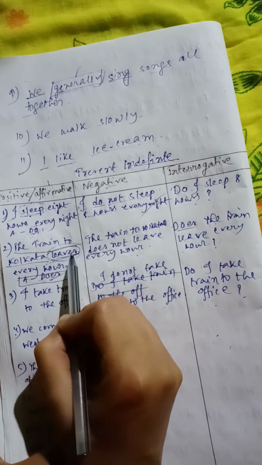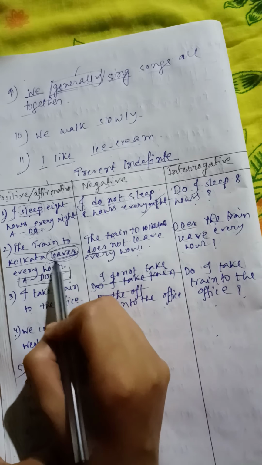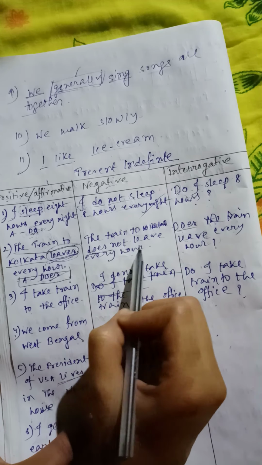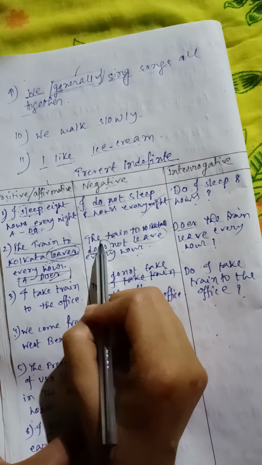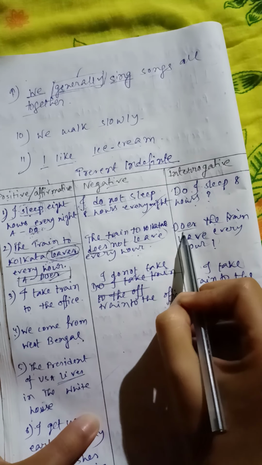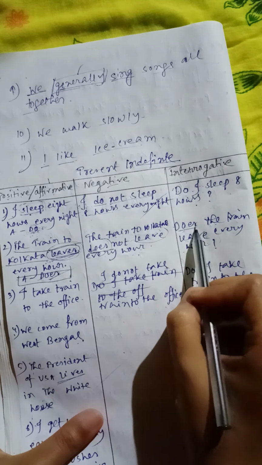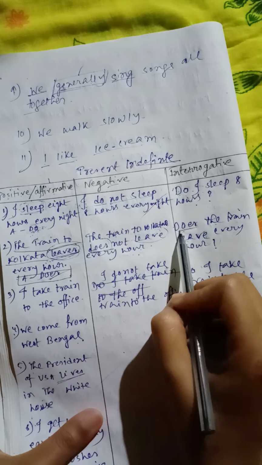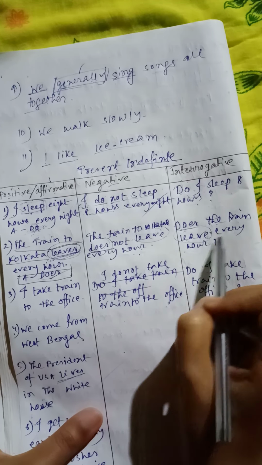Try to understand the difference between these two sentences. Here the verb is leaves, but here the verb is leave, just because we have put does here. And in the interrogative sentence, you put this does before the subject, and again simply put leave. Does the train leave every hour?